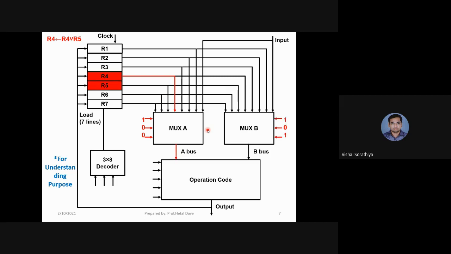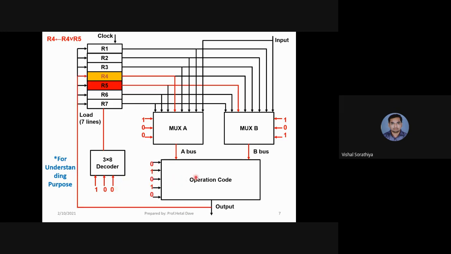R5 is selected by 1, 0, 1 over here, and then it enters into mux B. Both will come into the A and B bus. Giving the decoder 1, 0, 0, it will select the fourth one, and data is going to be stored in R4 through this output line.